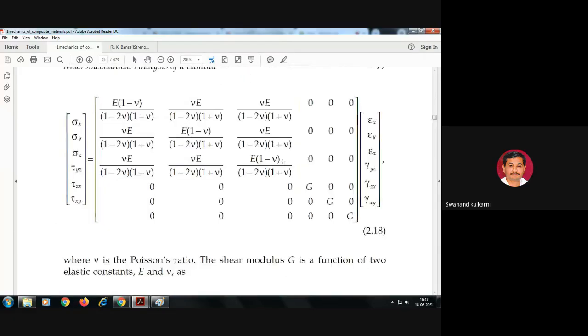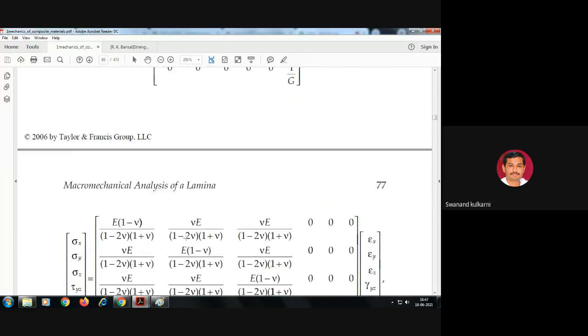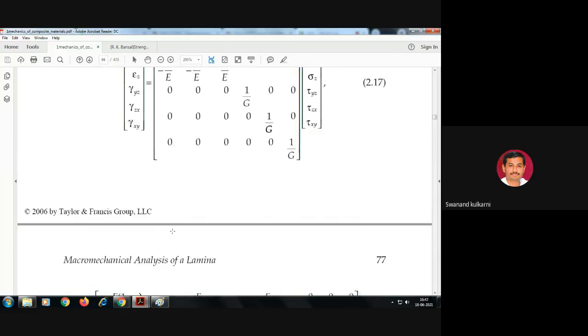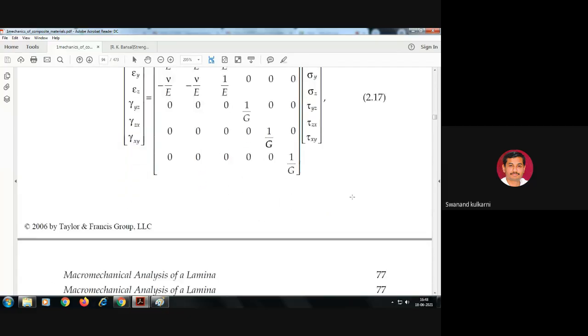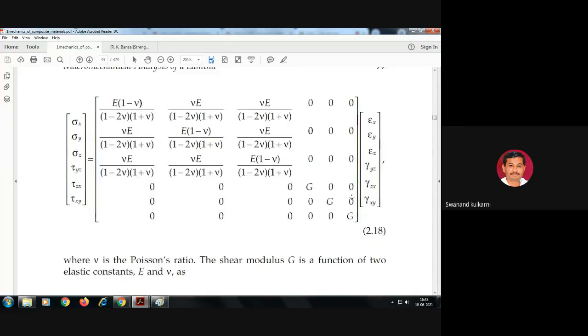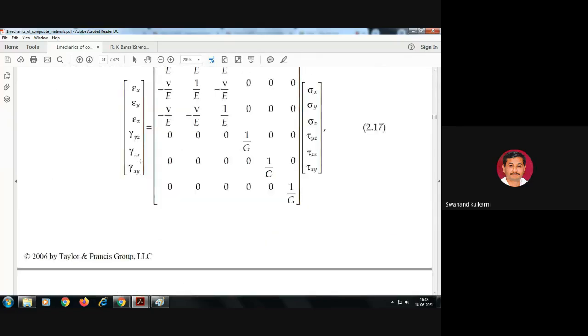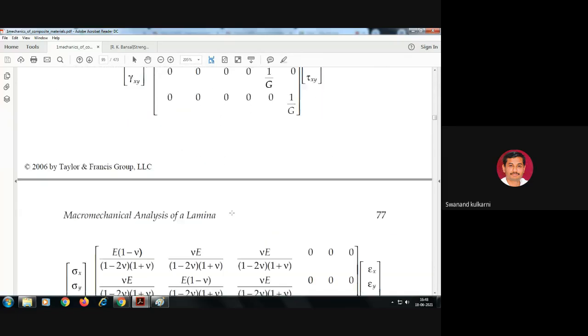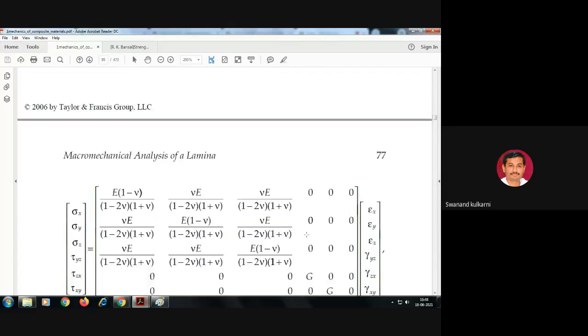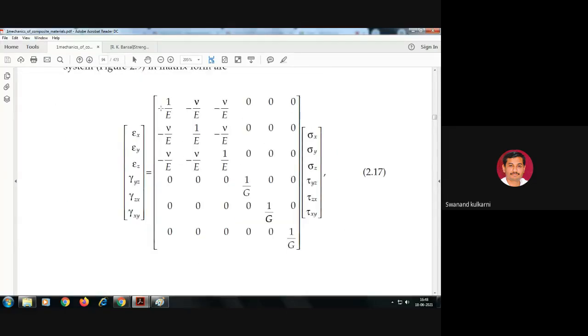Same thing is repeated here. See, as far as equations 2.17 and 2.18 are concerned, what is different? This one is the strain to stress relation. Here it is the stress to strain relation. In 12th standard, whenever we were studying matrices, we became familiar with identifying the inverse of a matrix. Those same steps we followed in order to identify the inverse of that matrix.